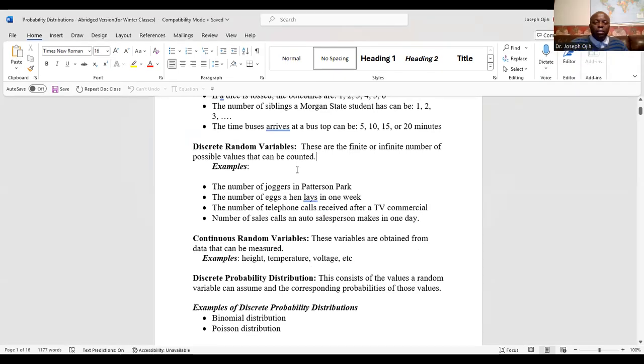Like, how many people are jogging at Patterson Park in the evening? It can be 1 person, 2 people, 3 people. So you can count them, and that's why we call them discrete random variables. How about this? The number of eggs that a hen lays in 1 week is also a discrete random variable because it can be counted.